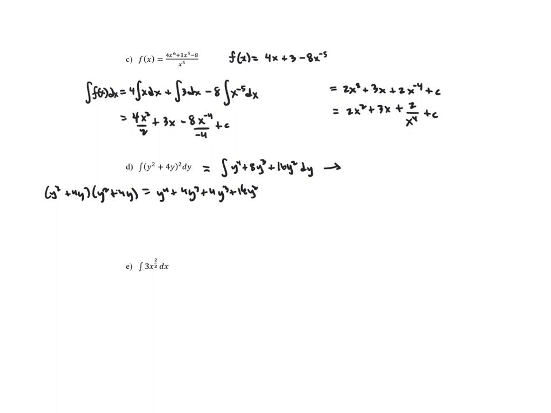Okay, so now let's work this. Now notice we're integrating with respect to y now. No big deal. Nothing changes, just a different letter. Okay, so the integral, in this case, let me rewrite. Integral of y to the 4th dy plus 8 times the integral of y cubed dy plus 16 times the integral of y squared dy.